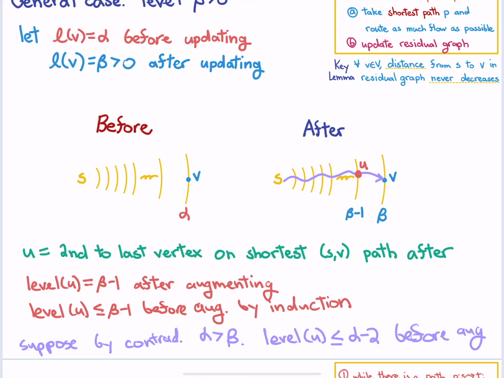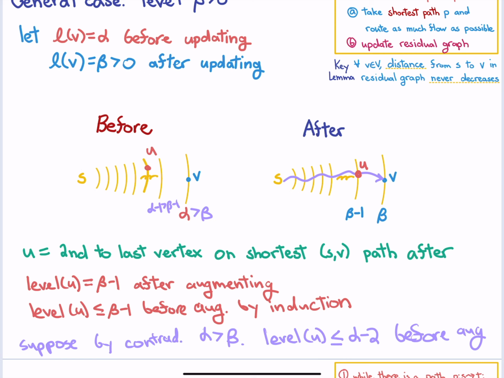We know that alpha is bigger than beta, so alpha minus 1 is bigger than beta minus 1. So U cannot be in the layer right before in the previous graph. U might be somewhere else. So U has to be at least 2 layers before V, before augmenting.